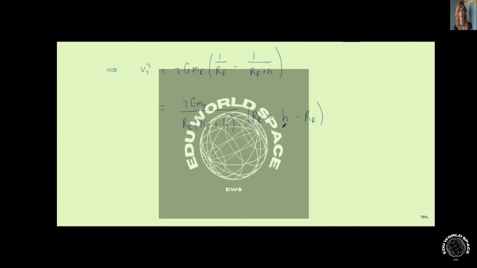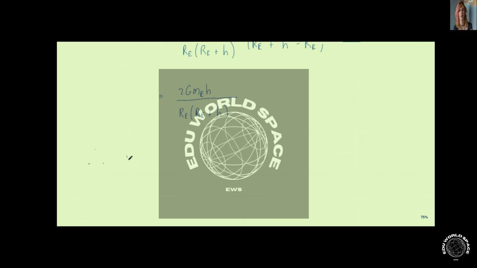We're doing some mathematics here, and we can see the re's cancel, and we are left with 2G me times h divided by re into re plus h, the radius of the Earth times the radius of the Earth plus the height that the hammer falls, h.